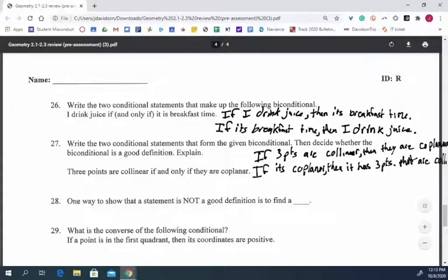Two conditional statements, did it. And then decide whether the biconditional is a good definition. Is it a good definition? 3 points are collinear if they are coplanar. They are coplanar if the 3 points are collinear.